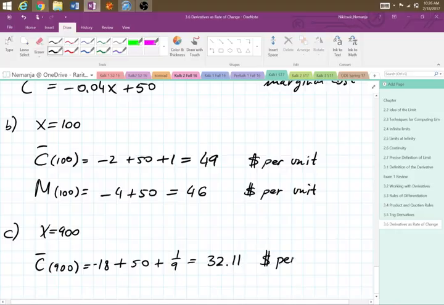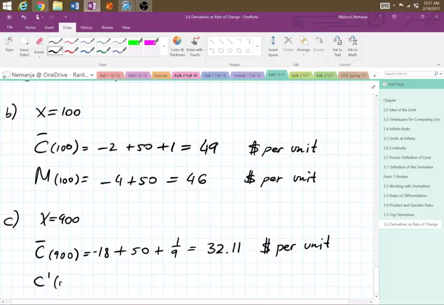Dollars per unit. And now we do C prime at 900. That's negative 4 times 9, negative 36. Plus 50 gives me $14 per unit.